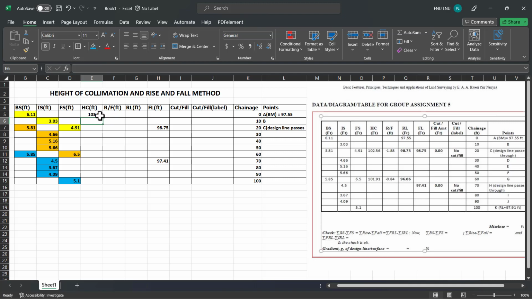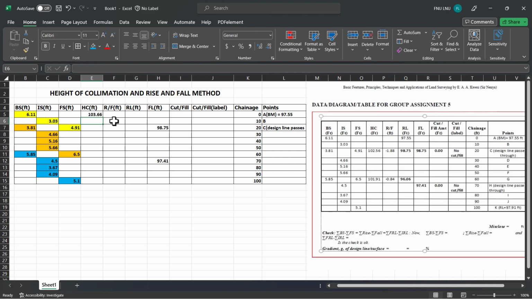So that's the initial height I'm working with. With this traverse, I'm working at this height of collimation. Okay, now how do we find the rise and fall at this section?